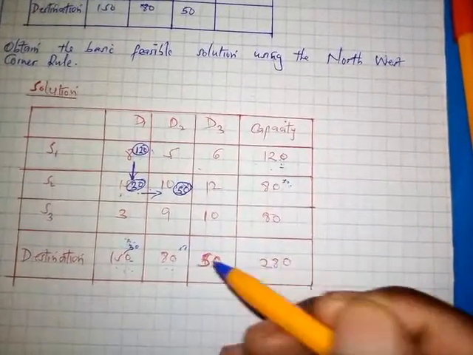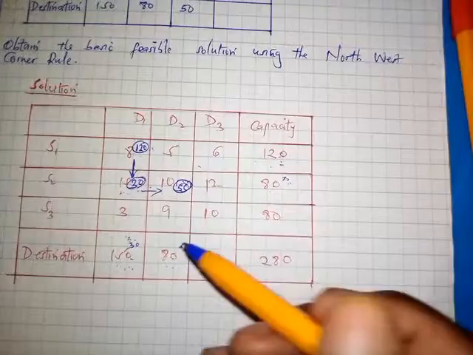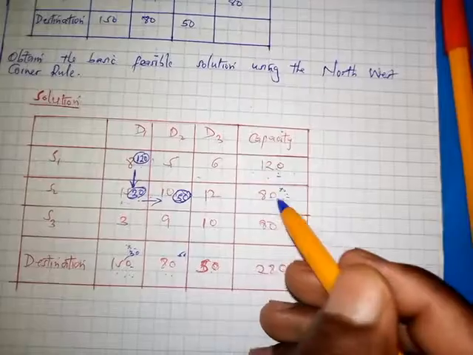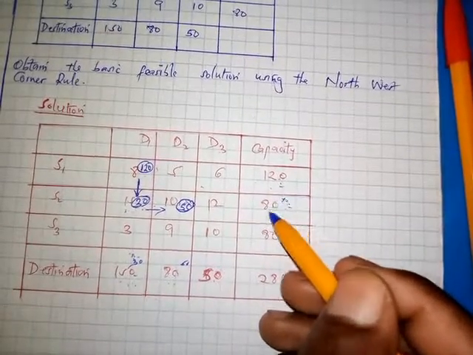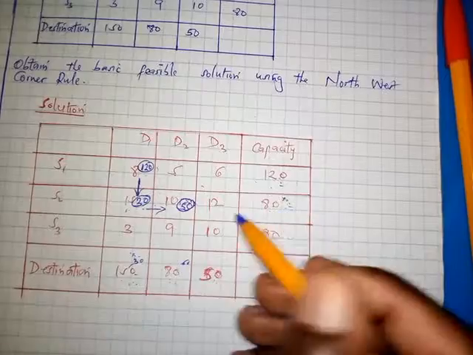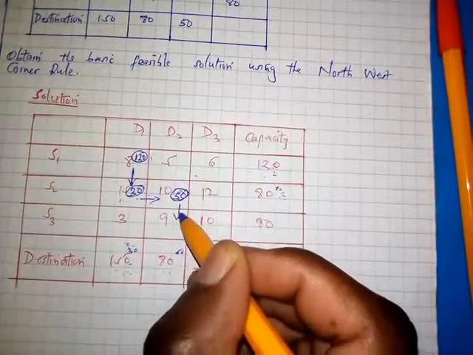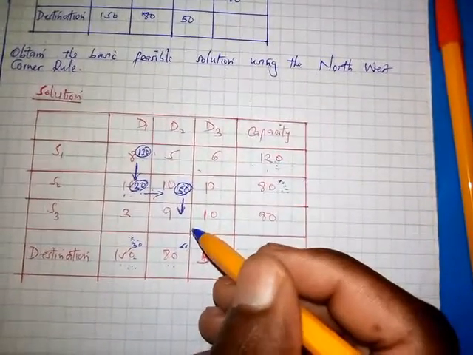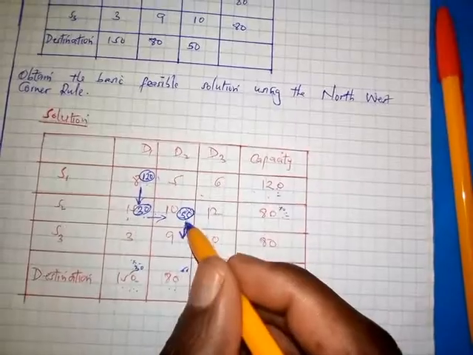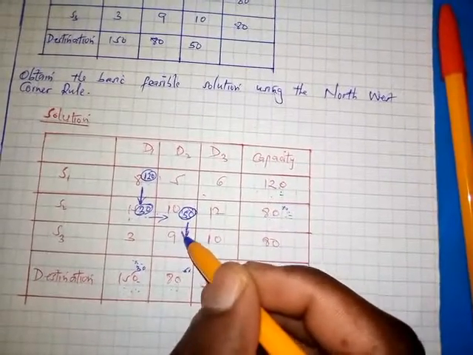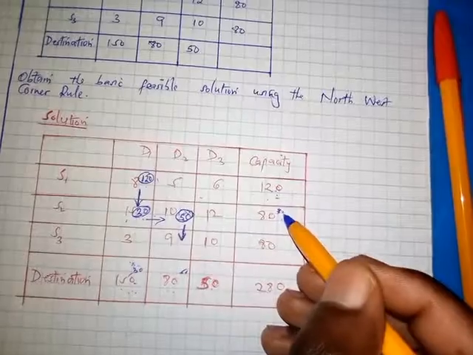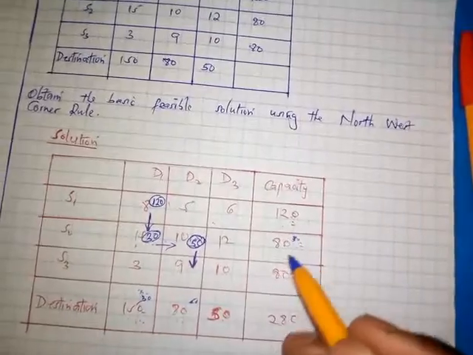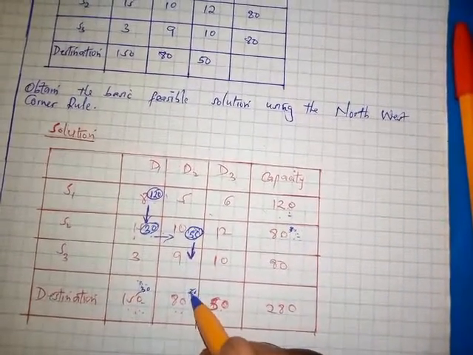Since this row is exhausted, we move downwards to the next row. Remember it was 50, and after allocating this 50, we remain with 30.